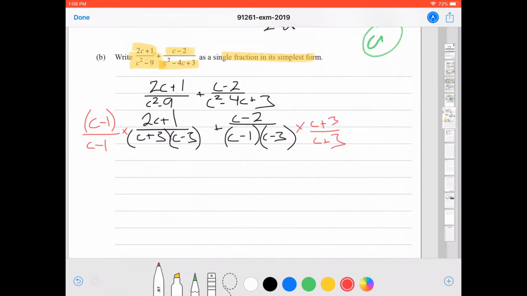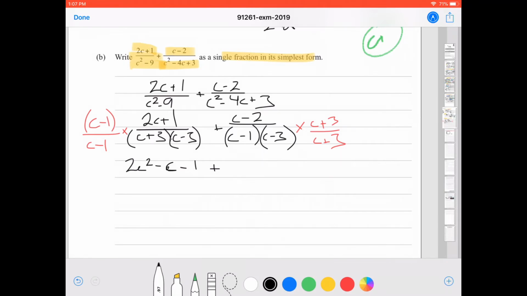Okay, and so let's go ahead and do this. We've got 2c squared plus c minus 2c is, I believe, minus c, and minus 1.